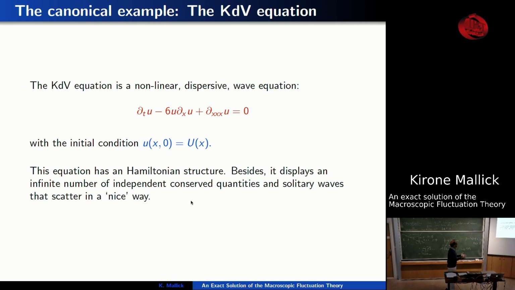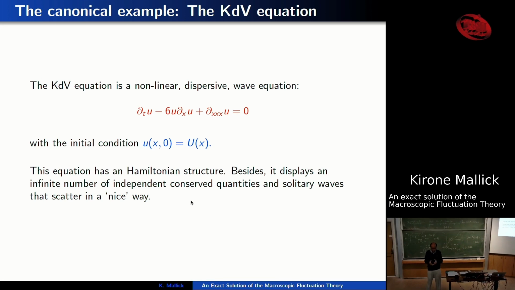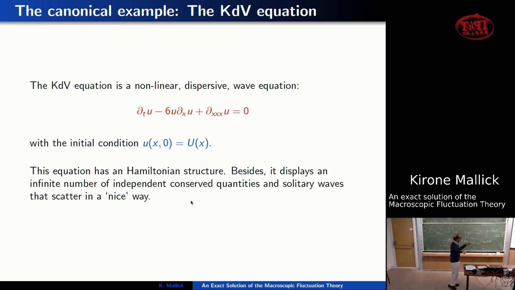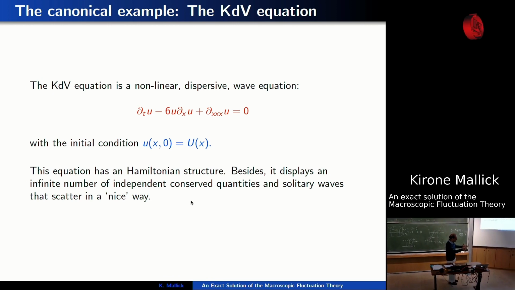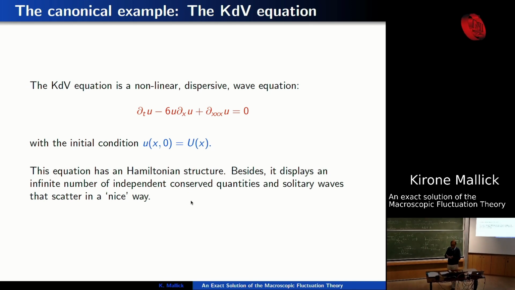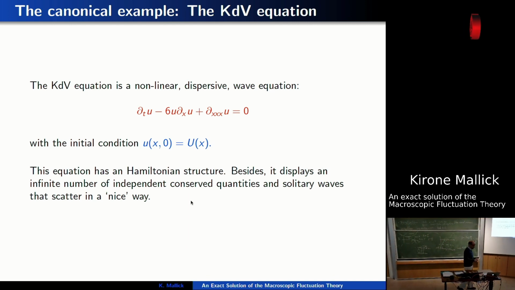This equation has a Hamiltonian structure, and people discovered that it has solitons, so nice exact wave-like solutions that remain undispersed during time. And this equation also has many conserved quantities. Some simple ones, like the integral of u, but even some more complicated ones, and people were able to construct an infinite number of them.